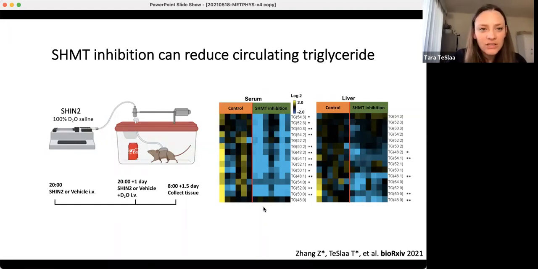So in circulation, we found a broad decrease in triglycerides. And then in the liver, we saw a more select amount of triglycerides that were decreased, but the triglycerides that were decreased were composed of saturated fatty acids, which are the main fatty acids produced by lipogenesis.